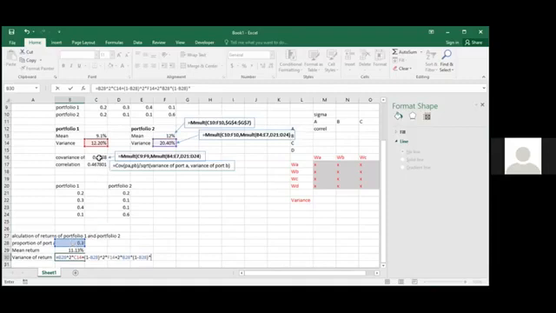The covariance value is this one, C16. The result is 14.06%.